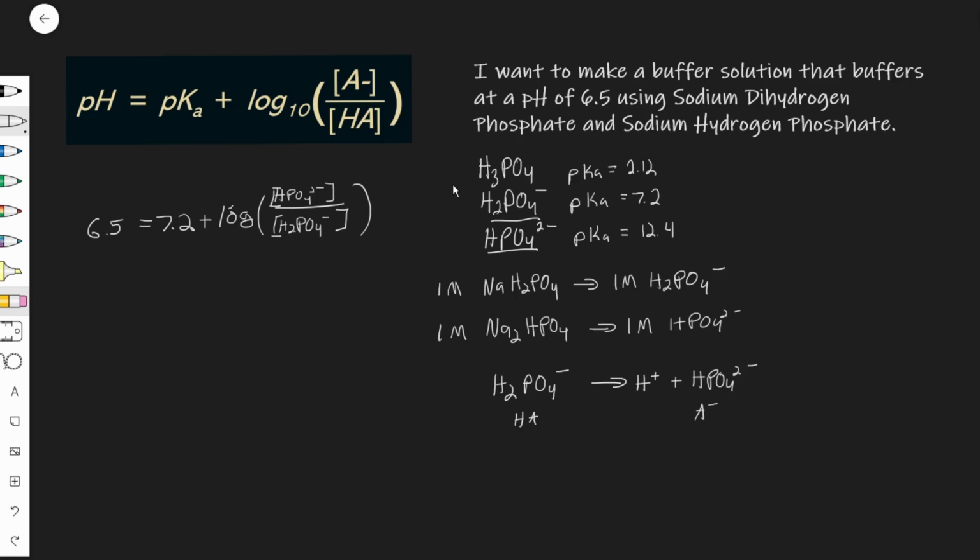All right, so when we do the math on that, you want to subtract 7.2 from both sides. That's going to give us 0 minus 0.7 equals the base 10 logarithm of, and I'm going to shorten this up and not write this down the whole way every time.